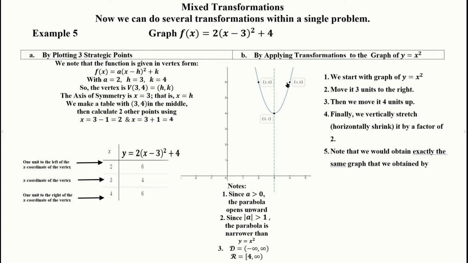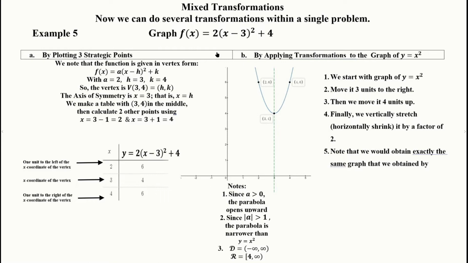Now, that vertical stretch is going to translate into a horizontal shrinking, right? So we're not surprised that there's going to be a visual appearance of shrinking, even though we're actually vertically stretching the graph of y equals x squared. And that's, of course, normal.